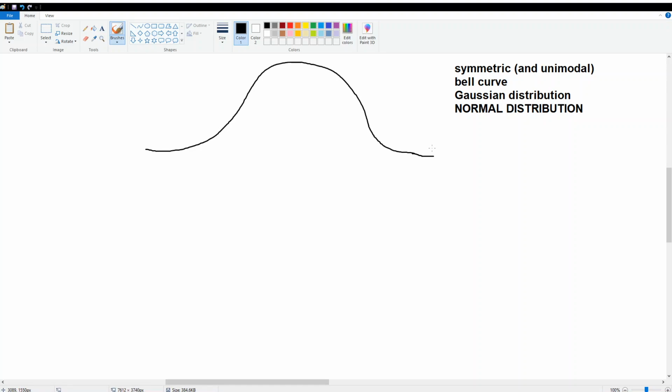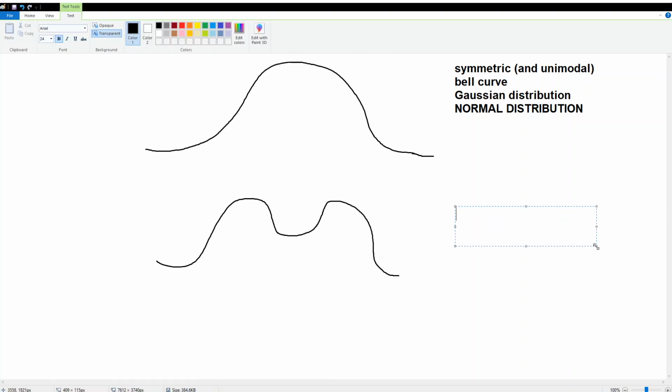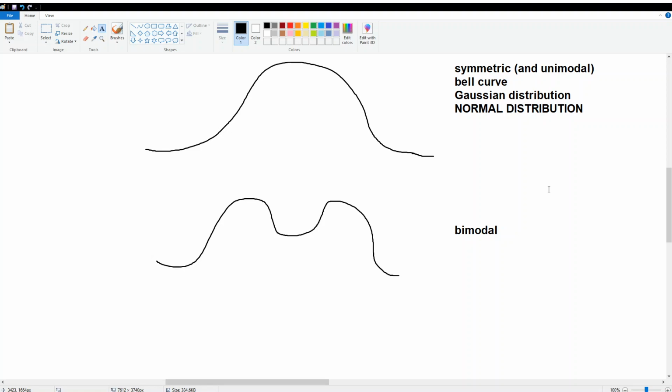Now, sometimes we can have something be symmetric but have more than 1 peak. It could, say, look like this. This would be called bimodal. Bimodal distributions, generally speaking, pop up in nature when you've either messed up and you have 2 completely different samples overlap with each other, or if something more nefarious is at play.